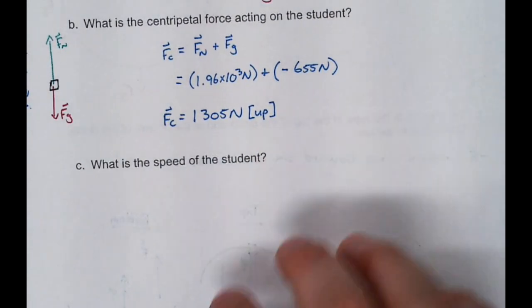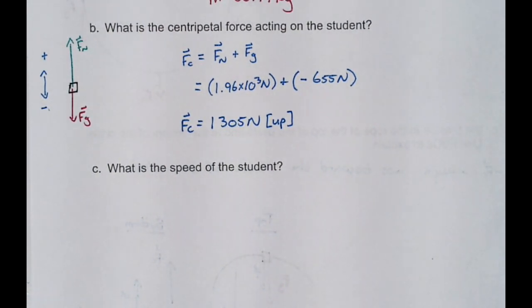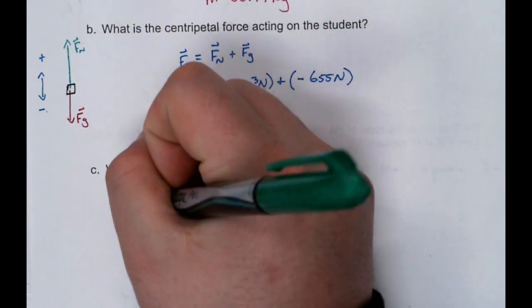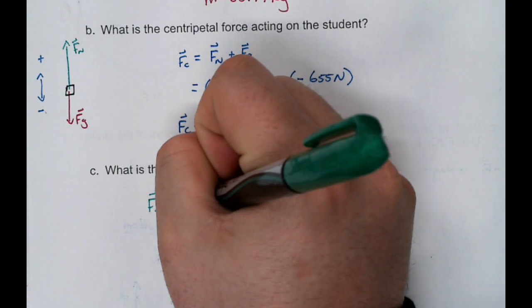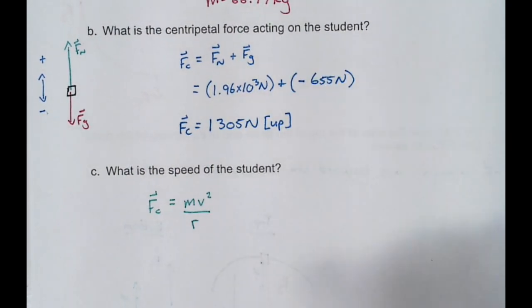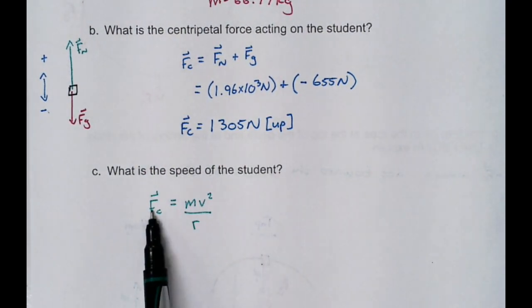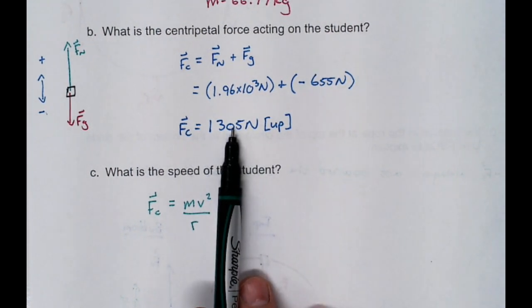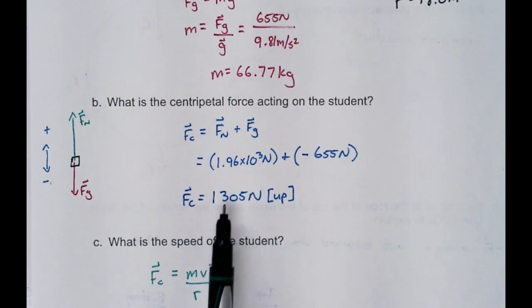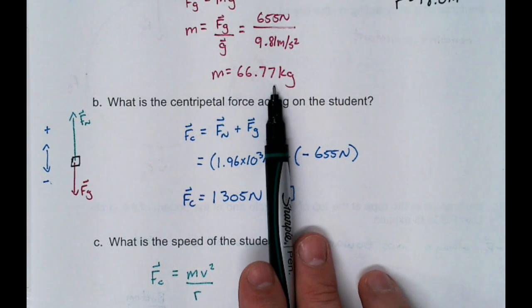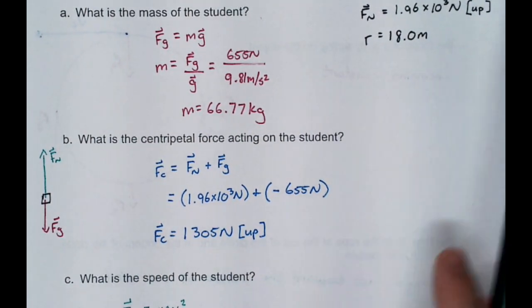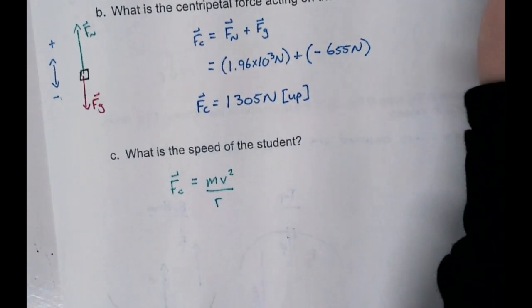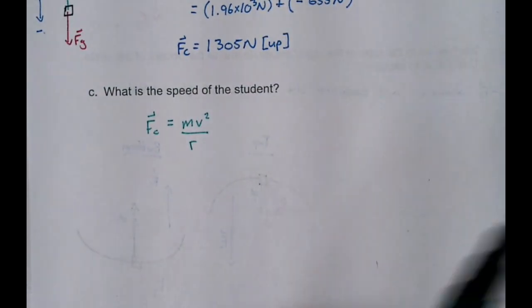The last part we are supposed to solve in this question is what is the speed of the student? Remember, we have this formula for centripetal force. Centripetal force is equal to mv squared over r. So we found out what the centripetal force was. We know from part A what the mass is. And in the question we were given what the radius is. So we can rearrange and solve for v.